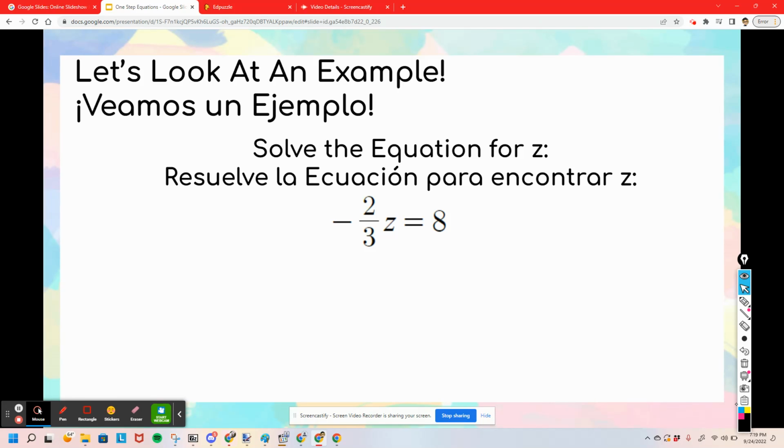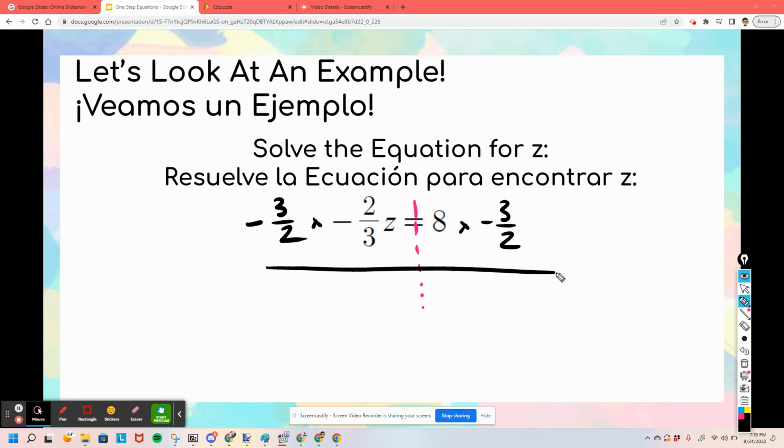This one's kind of tricky. There's a couple of different ways to do it. I'm going to show you both. So one way you could do it is because it's multiplying by a fraction, you could multiply it by the fraction, same sign but flipped. If you did that, you would get z equals negative 12.